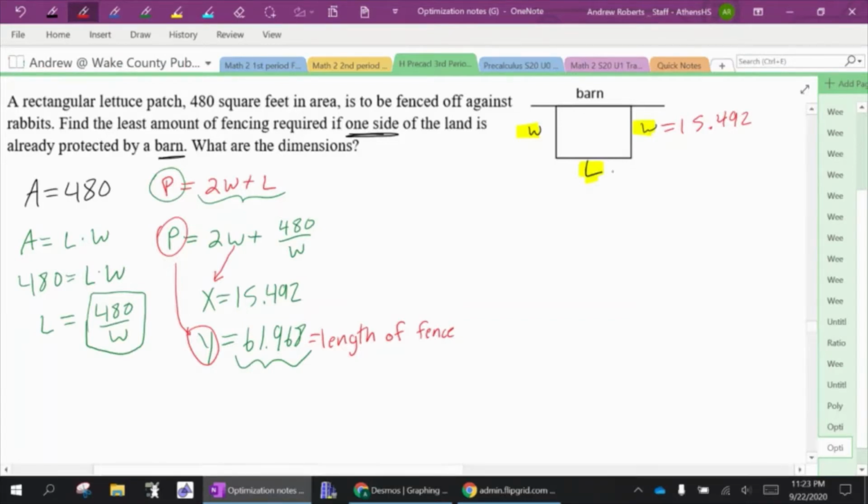And so if I want to figure out my length, I have two options. I could say this equals 61.968 and then subtract 2W. That would work fine because this is W. What I'm going to do is say 480 equals length times width, which is length times 15.492.